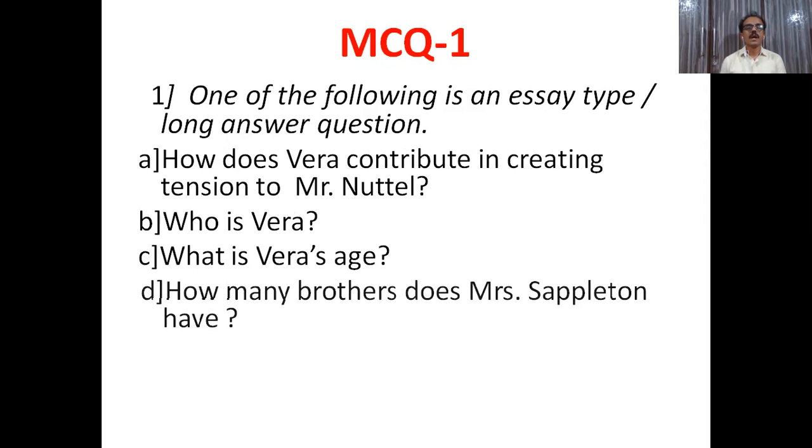And question D: How many brothers does Mrs. Sappleton have? Here you have to identify an essay type question, that means long answer question. And the right answer is A. How does Vera contribute in creating tension to Mr. Nuttall? This is the essay type or long answer question, my dear students.